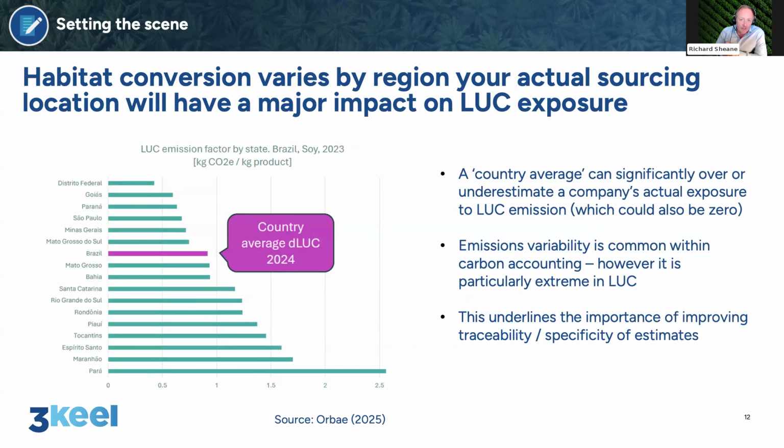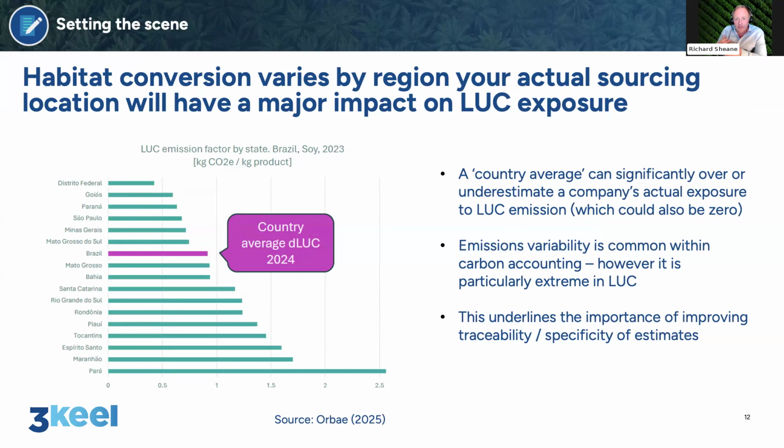I think it's also worth noting that land use change is highly spatially variable. Depending on where a business sources from or operates, their exposure to land use change emissions will vary significantly, from zero to a very high source of emissions.